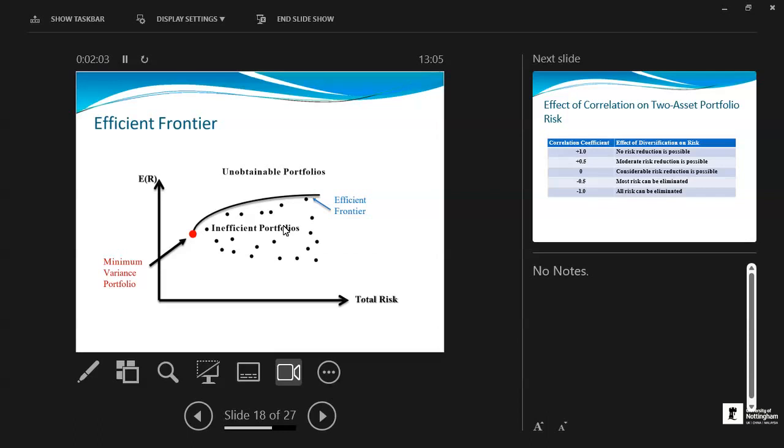That is what we call the minimum variance portfolio. Okay, so you'll go for minimum variance portfolio. Anybody else? Anybody else wants to choose a different portfolio? No? Okay. Nobody will choose any other portfolio, right?